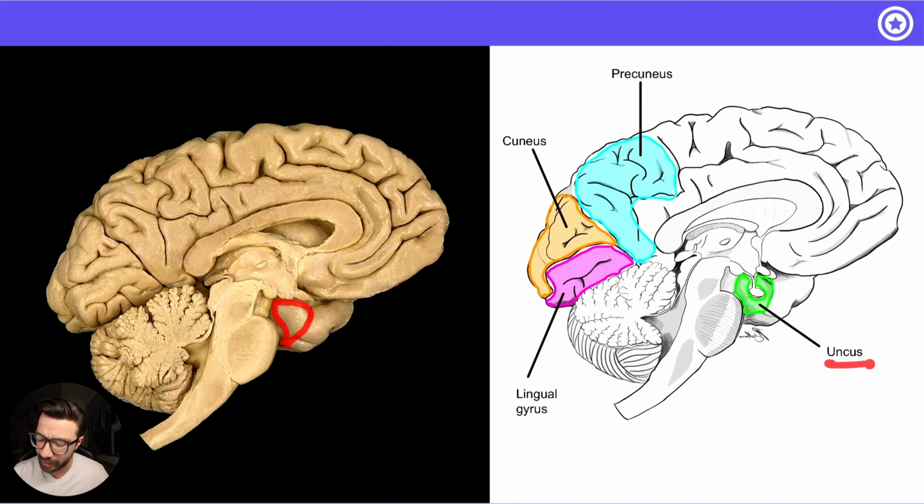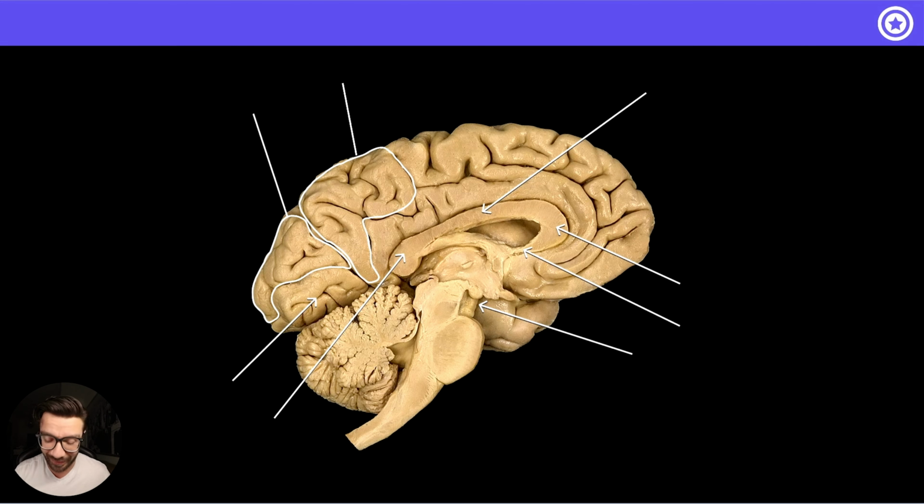Well, that is going to be the uncus. And the uncus is the extension of that parahippocampal gyrus. So right at the end of that parahippocampal gyrus, we have this little nubbin, and that's going to be our uncus. This is where we're going to have the hippocampus and the amygdala. And this is all continuous with the cingulate gyrus, which turns into the parahippocampal gyrus, which then comes down here into that uncus.